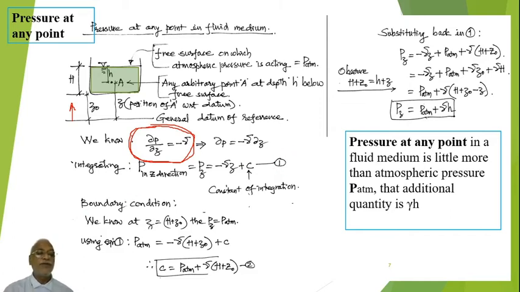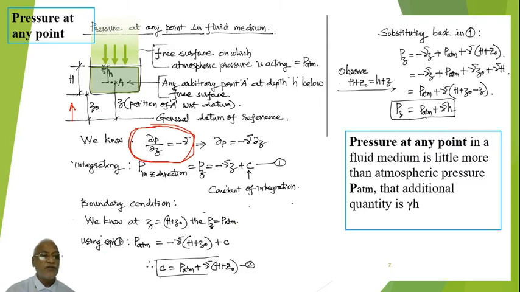Now what are the boundary conditions? We know at Z equal to Z naught plus H, at this surface, the pressure is atmospheric pressure. On the top of the free surface there will be atmospheric pressure acting. So the boundary condition is: at Z equal to H plus Z naught, the pressure Pz is equal to P atmospheric.